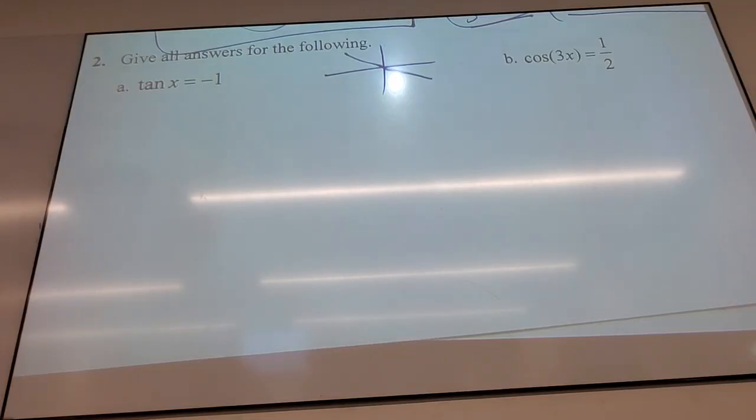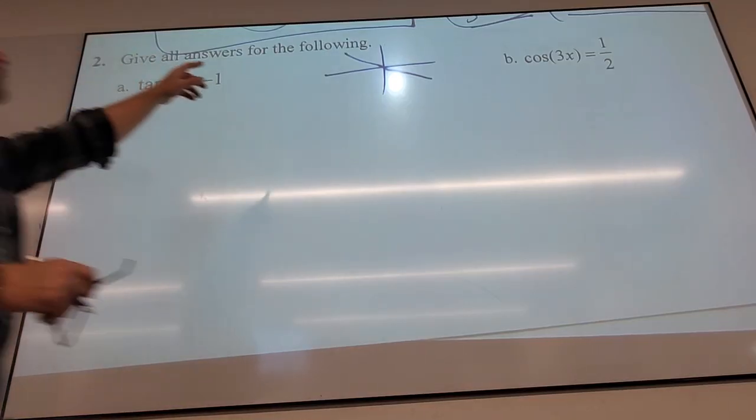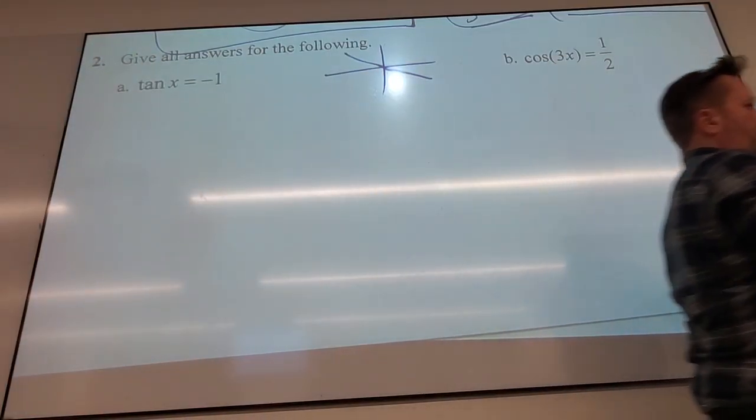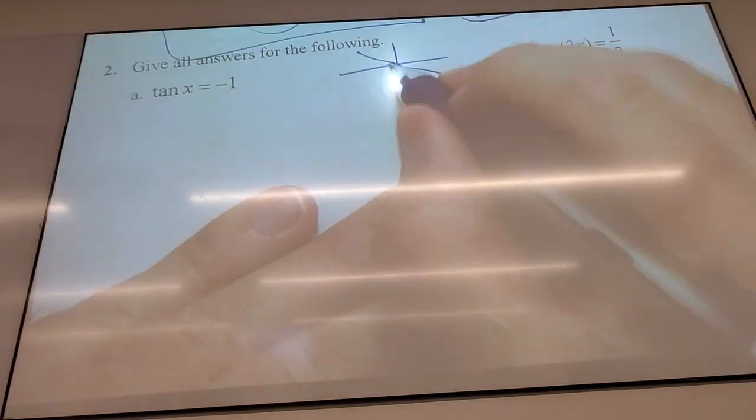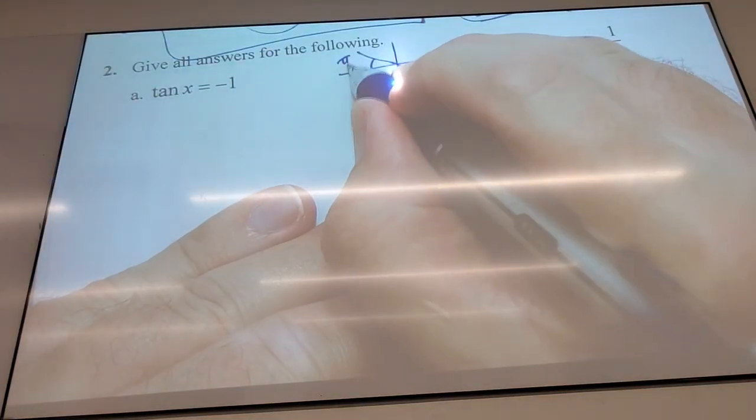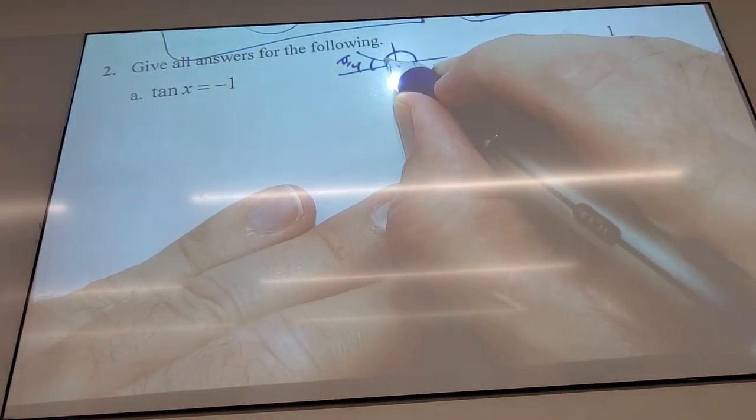So pi over 4 is our reference angle. Reference angle is always how far from the x-axis I am, and I know what quadrants I want to be in. So I know this little angle here is pi over 4, which means what is the actual angle then?